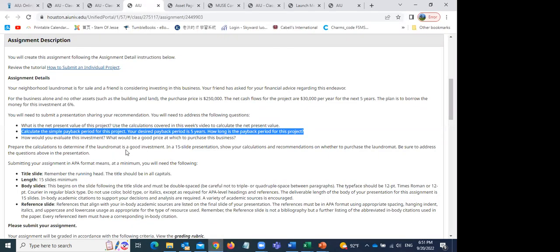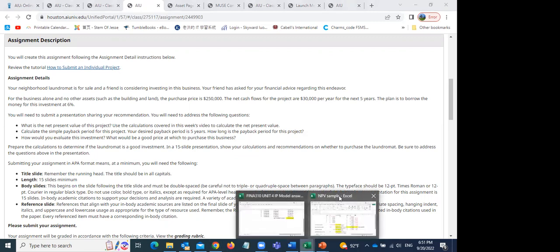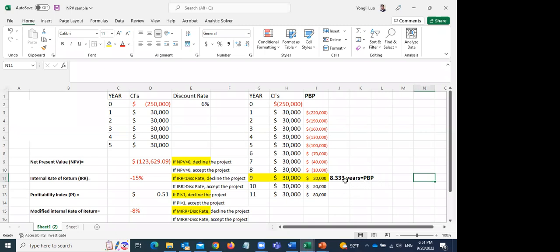Now we go back. The payback period you calculated is 8.333 years. If your desired payback period is 5 years, are you okay with that?